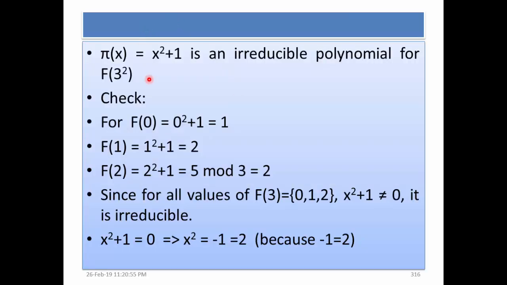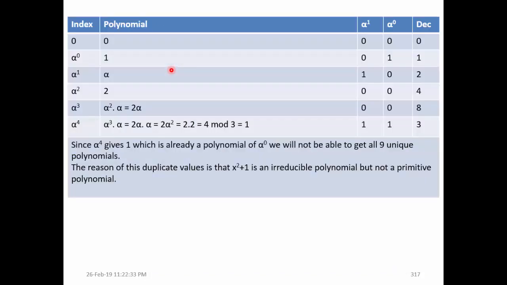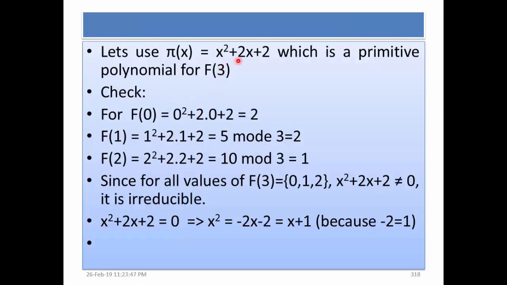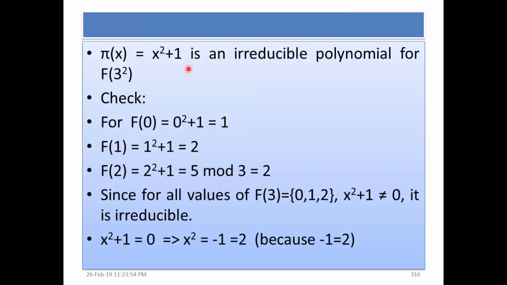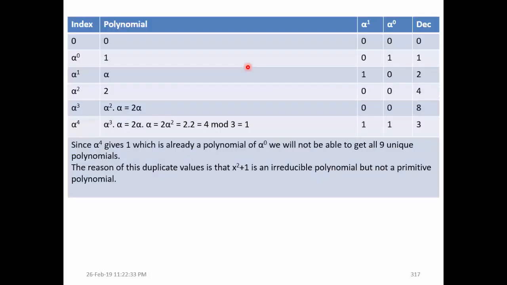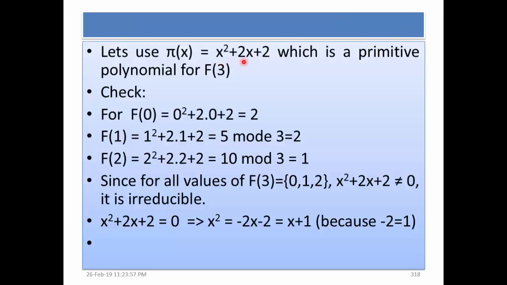If you have got a polynomial which is irreducible but not primitive, then you cannot get all the possible values. Values may duplicate. So instead of x square plus 1, we will use x square plus 2x plus 2, which is a primitive polynomial. So this is the main difference here. X square plus 1 is an irreducible polynomial, whereas x square plus 2x plus 2 is a primitive polynomial.